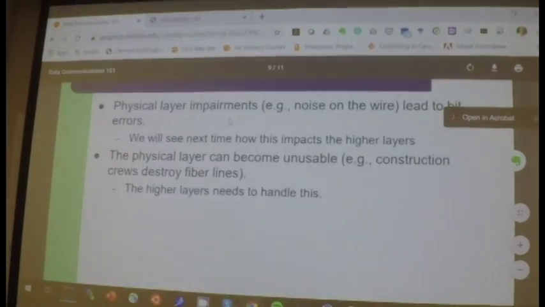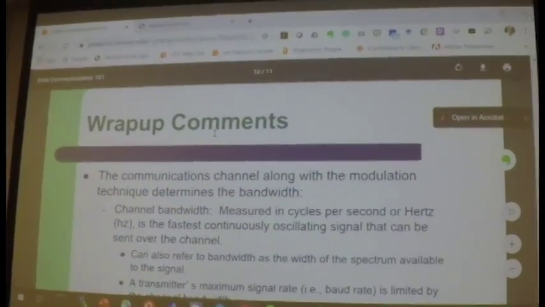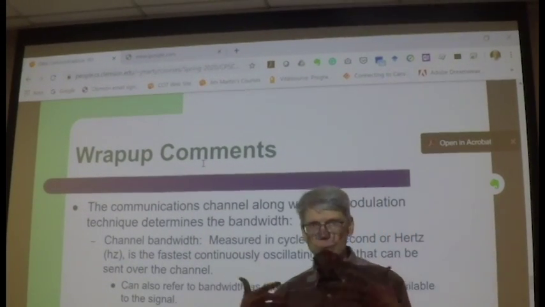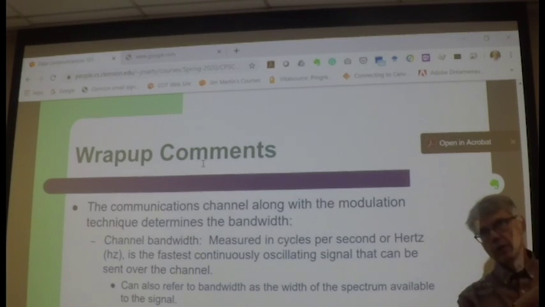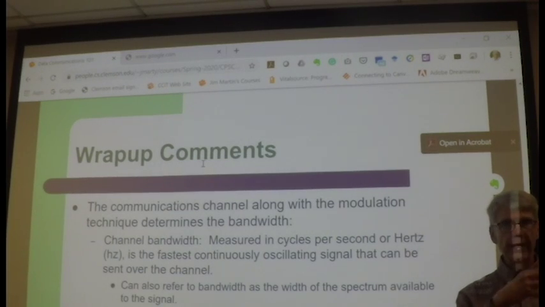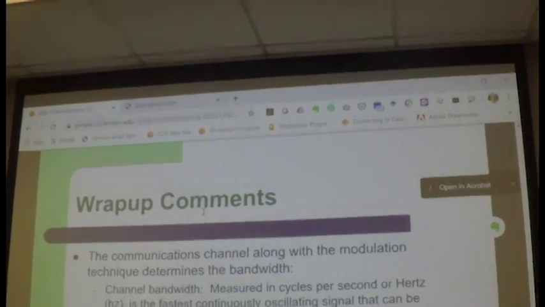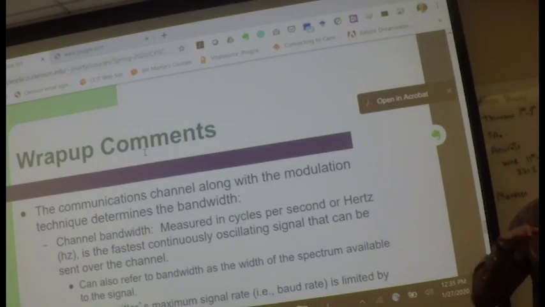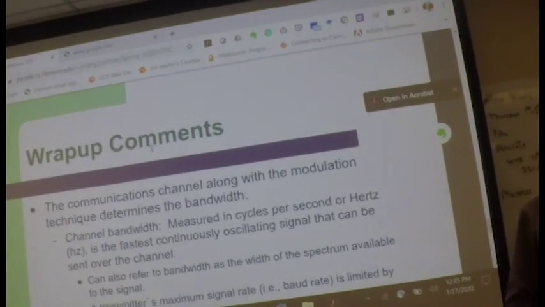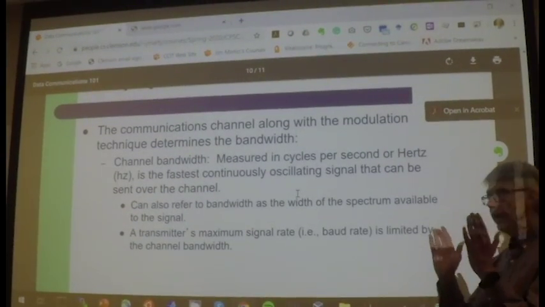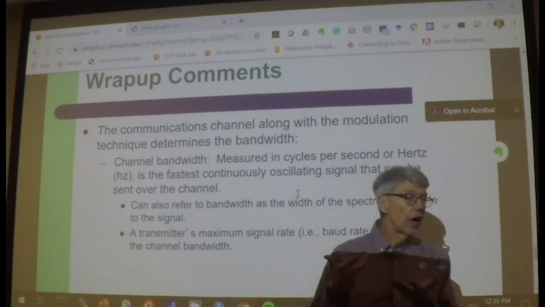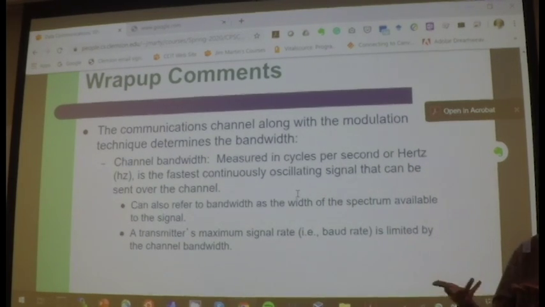All right. So basically we talked about at the physical layer how computers communicate, and it's all about translating ones and zeros into changes in energy in one form or another, and that energy propagates over any physical medium. So now, there's this concept called channel bandwidth.